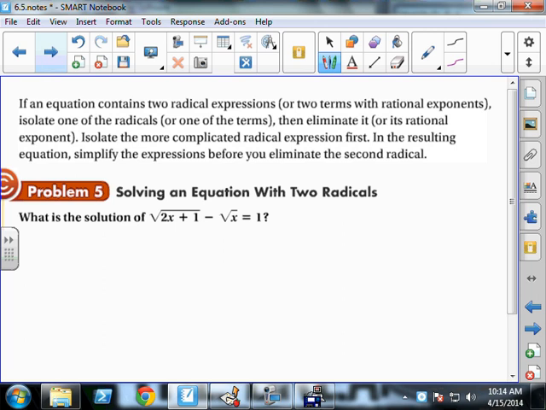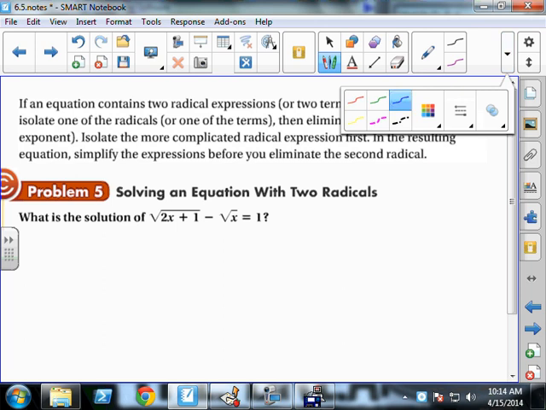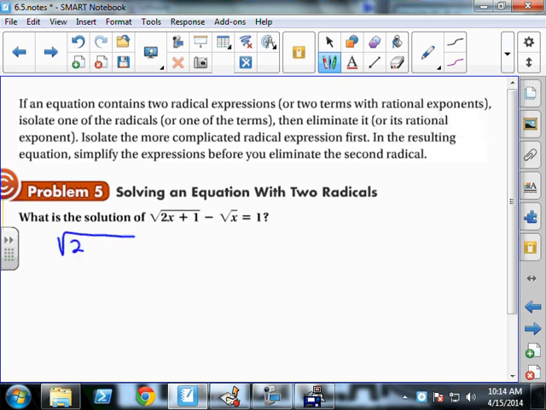Okay, let's try one where you have to square twice. Oh no! These ones, I'll be honest with you, can give you fits. Square root of 2x plus 1, and this is why we did the homework that we did earlier this week, minus rad x equals 1.